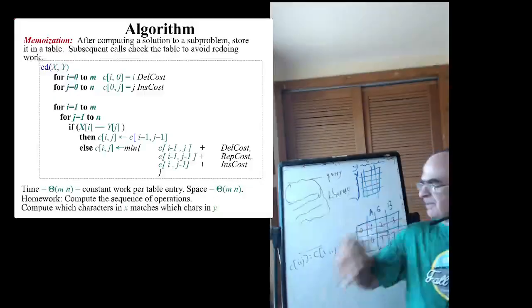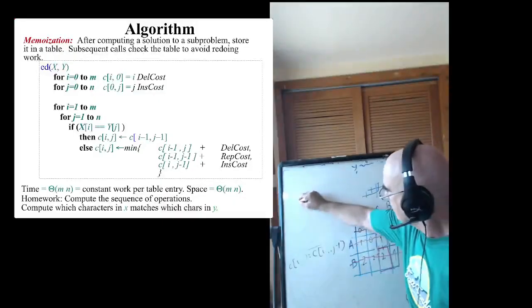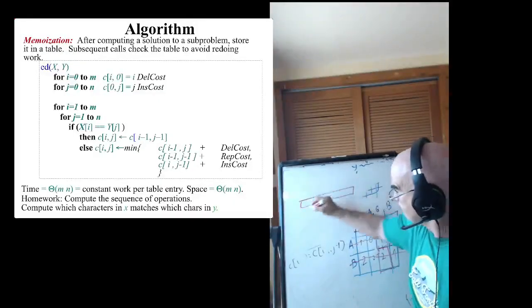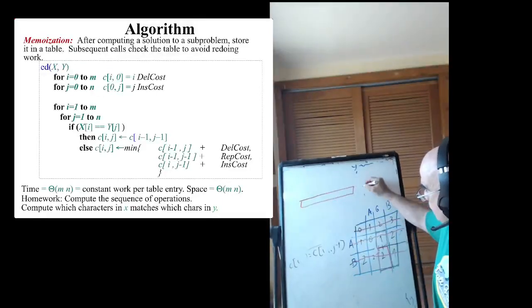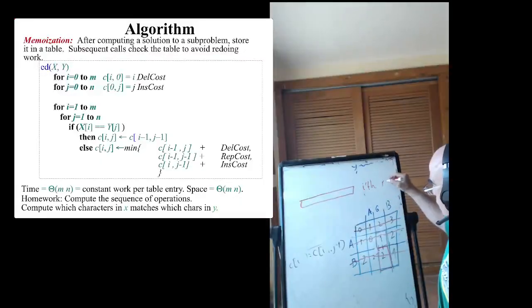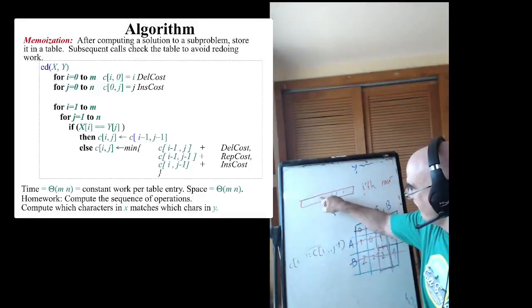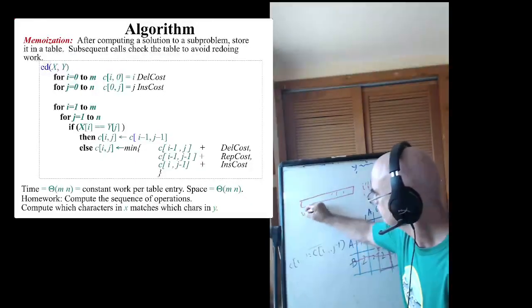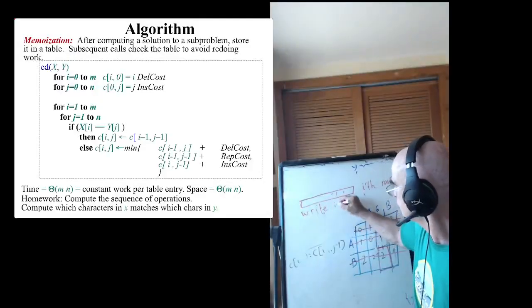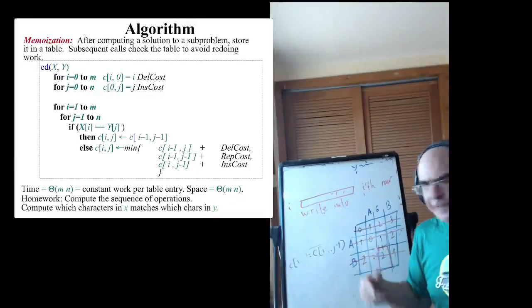So when I'm filling up in general, when I'm writing into the ith row, which rows am I reading from?